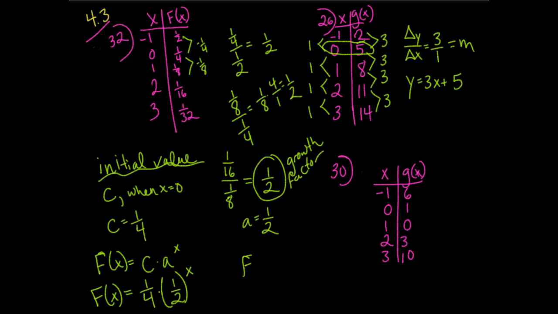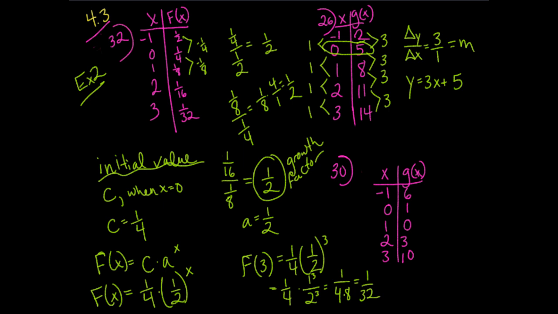So let's try f of 3. So 1/4 times 1/2 raised to the 3rd power. Using the laws of exponents, that's 1 to the 3 and 2 to the 3, which is 1 over 4 times 8, 1 over 32. That checks. So we know that this is a good function rule.